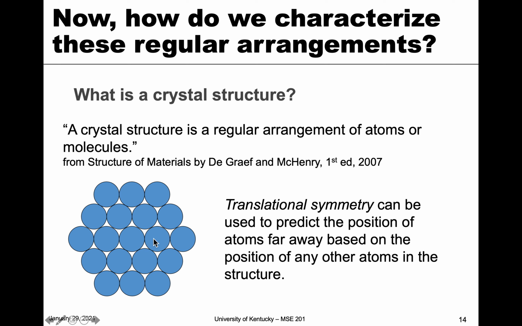Because everything is very ordered, if I know the position of this first atom, then I could know the one over here, the one up here, and the one here by some translation of X, Y, and Z. And that would allow me to determine the position of every single atom, because it should be in an ordered position, right? Because this is a very ordered periodic structure.